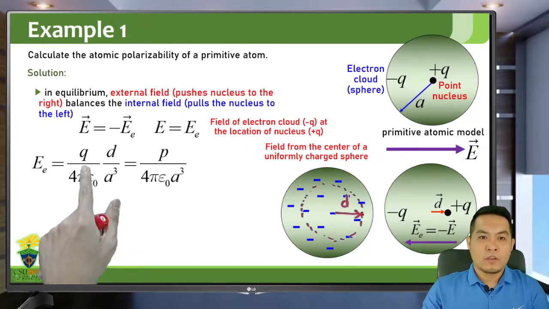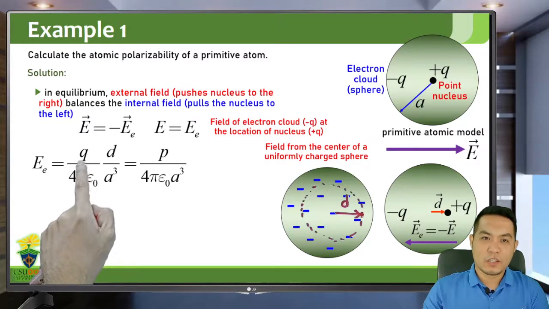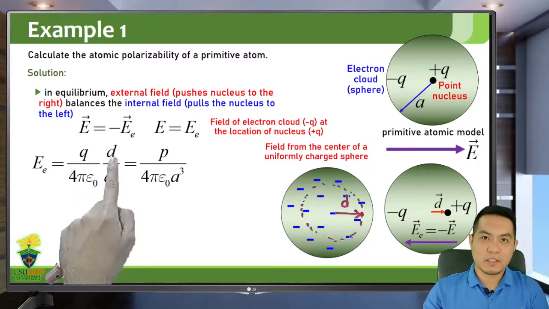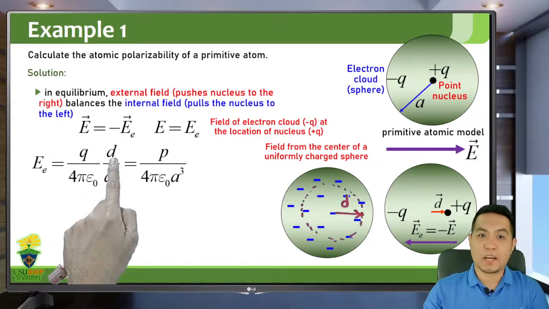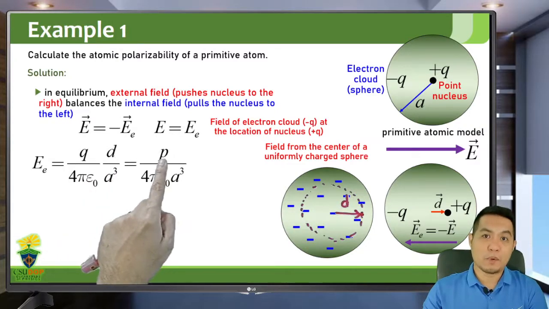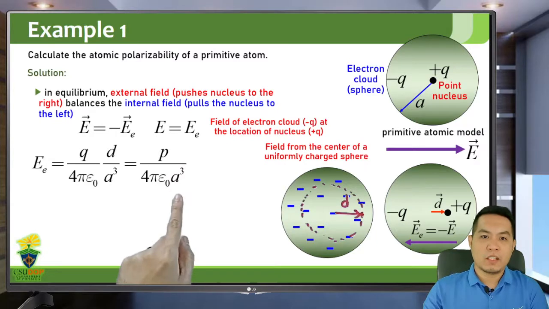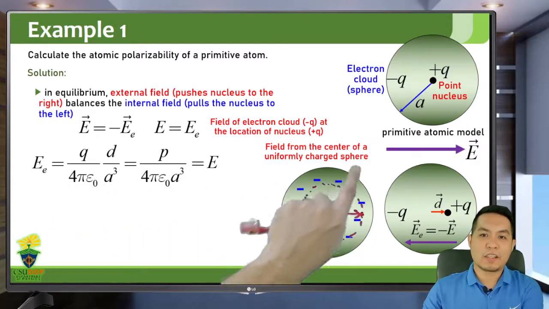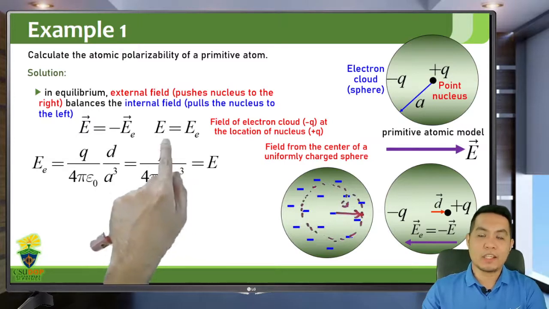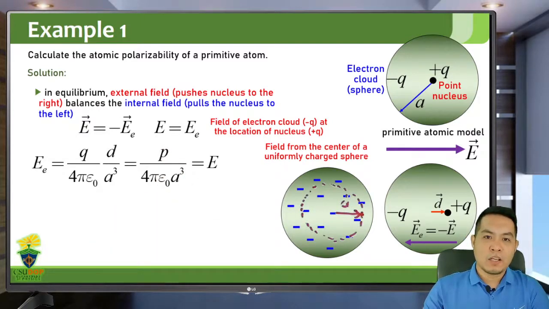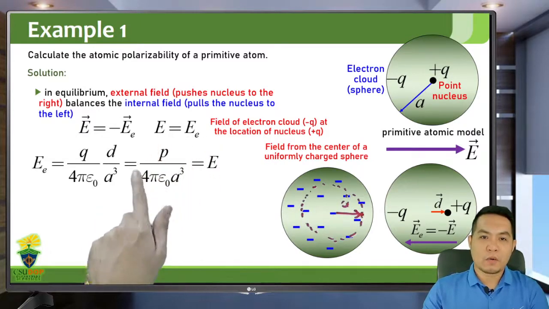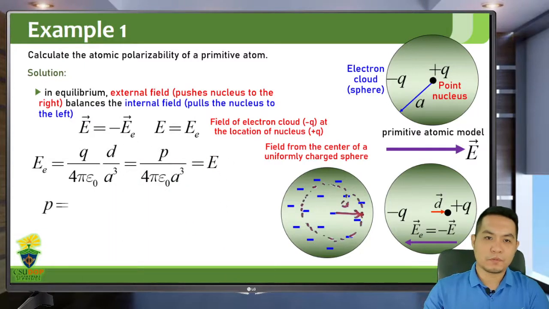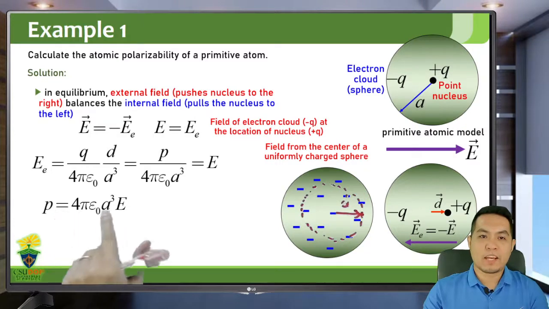So again, we will let the charge times the distance, the magnitude of the charge times the distance of the dipole, be our dipole moment p. And since this is just equal to the external electric field in equilibrium, we can focus on this equation here and rewrite it like this.